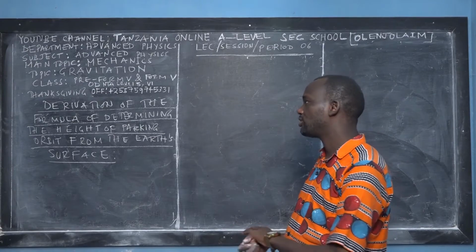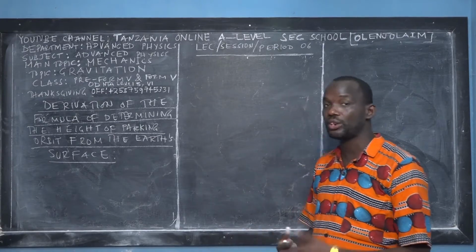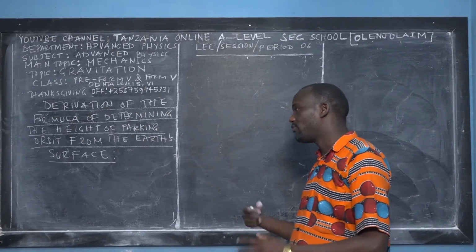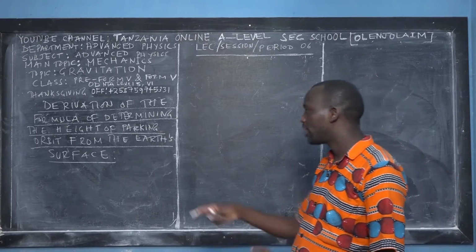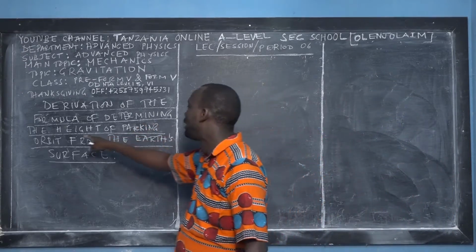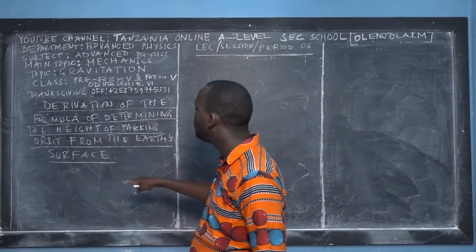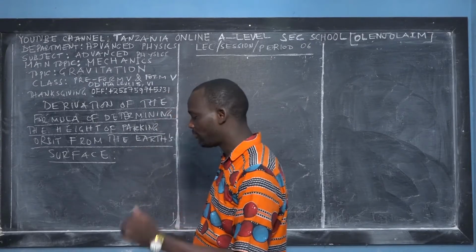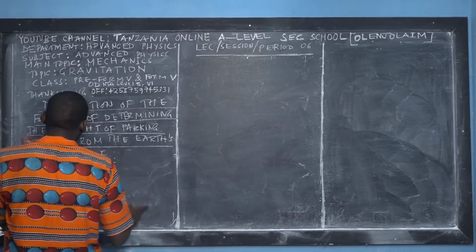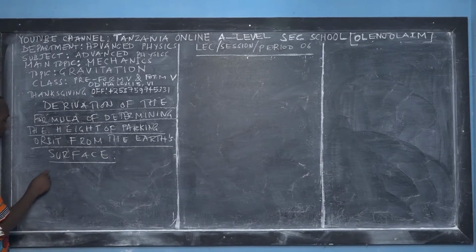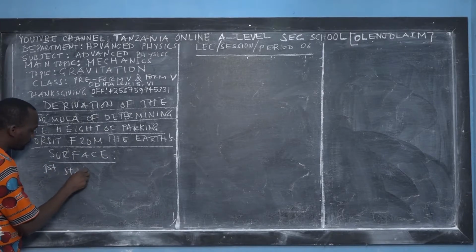So in order for us to solve some problems, we need a formula. So now I would like to take you into the derivation of the formula for determining the height of the parking orbit from the Earth's surface. I've been teaching you about the parking orbit, but let us speak now mathematically. We'll be following some steps to achieve it.